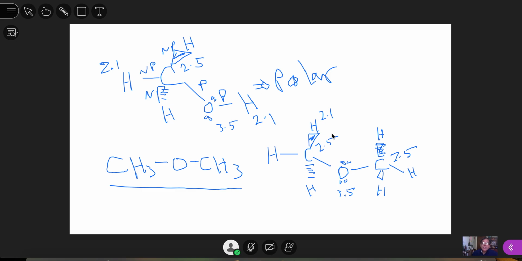Yes. These are all non-polar, all three of them are non-polar. Carbon-oxygen bond, is it polar or non-polar? Polar. How about this oxygen-carbon bond, polar or non-polar?